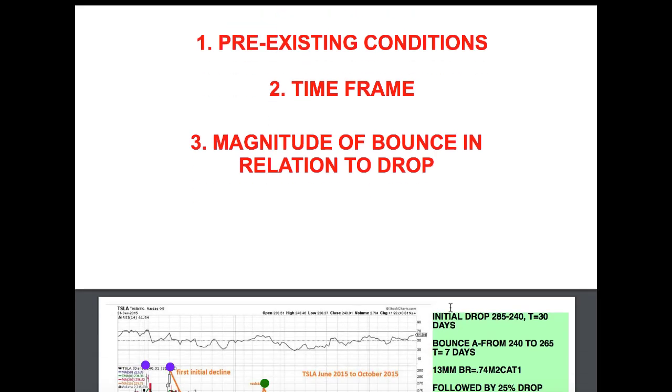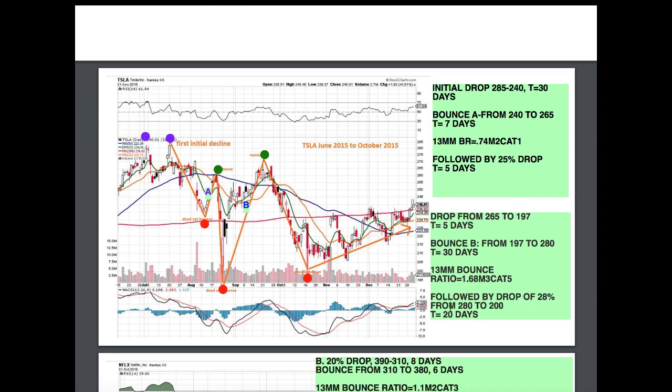Okay, so with that said, let me give you some examples of how we're actually going to utilize this information. In this particular case, as you can see, we're looking at totally different years, different time frames, and we're really going to focus on analyzing some similar conditions. So for now, we're just going to glance at the chart of Tesla.